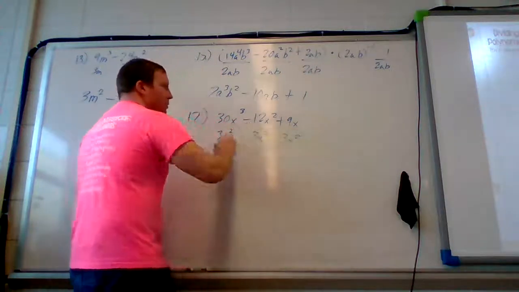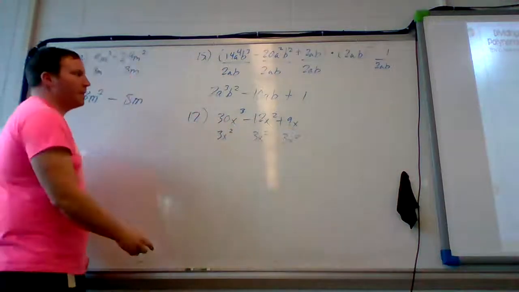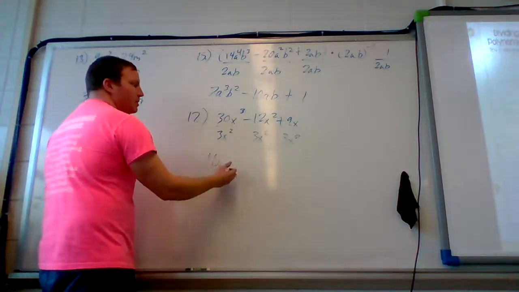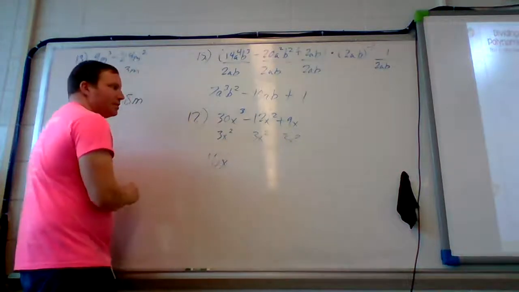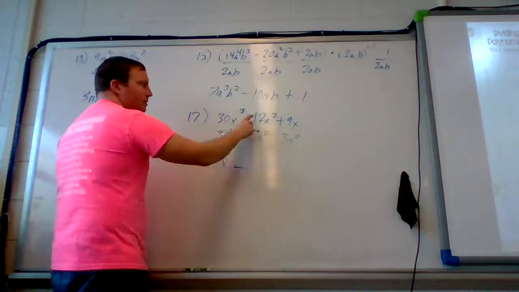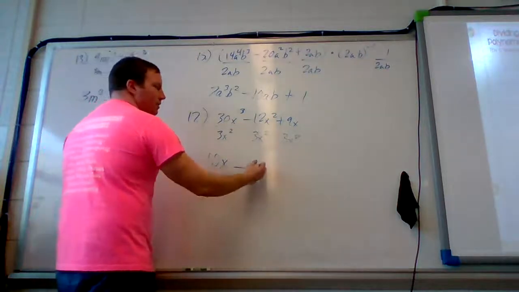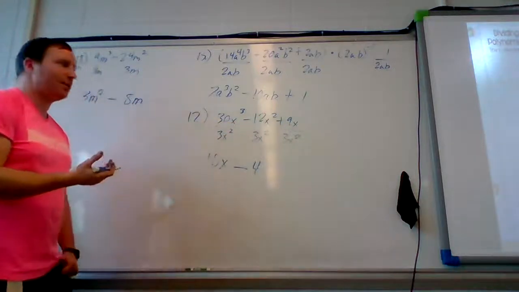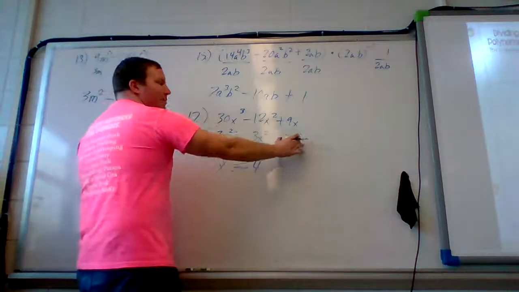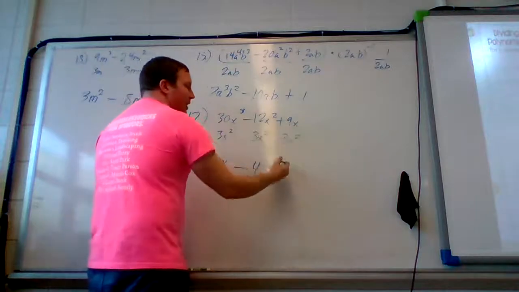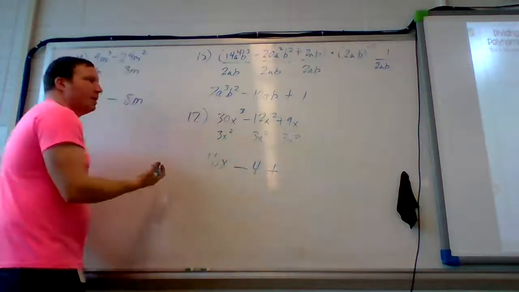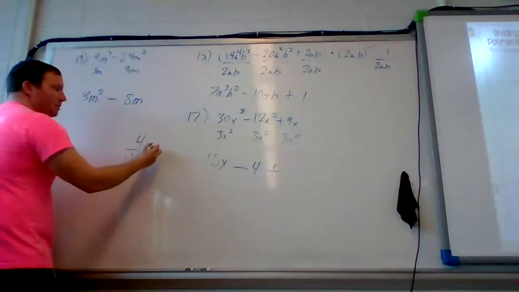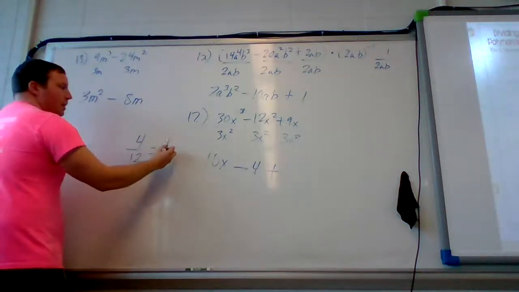Kind of separate it out. So 30 divided by 3 gets you that 10. X cubed is bigger than x squared, so we're going to have 10x. Minus 12 divided by 3 leaves you with a 4. My x squareds cancel each other out. They're gone. But on our last one, x squared is bigger than x. So again, we can kind of think about it: if we have 4 divided by 12, that gives us 1/3.